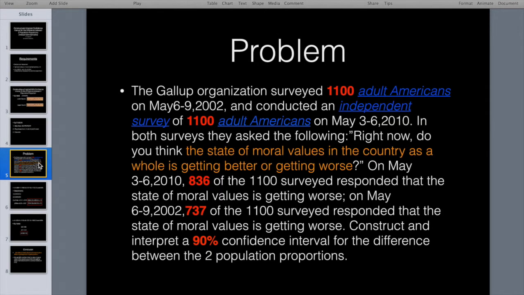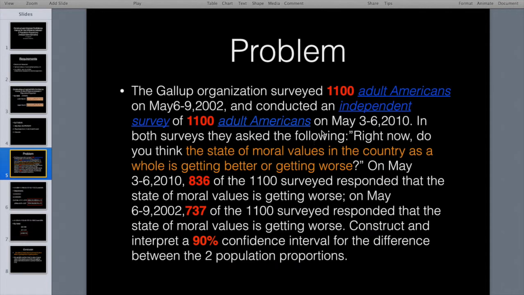Now we can solve a confidence interval problem. The first thing you want to do is to identify the information that they are giving to us. For example, this is n1, this is n2, this is x1, this is x2, and this is our confidence level. Now we can start satisfying our requirements.